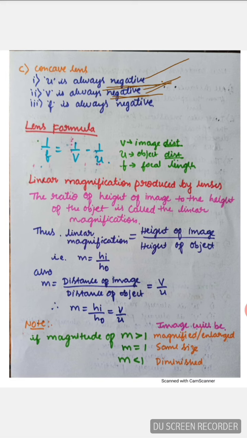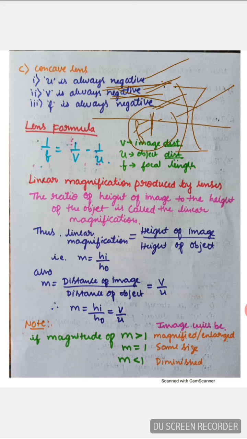Okay, so f is always negative. Since it is a concave lens, we will have a virtual focus. So whatever the focus will be, it will also be on the left side. Let me show you. So this is a concave lens. When you send a ray, it will diverge like this. If you draw this ray backward, this will be the focus.